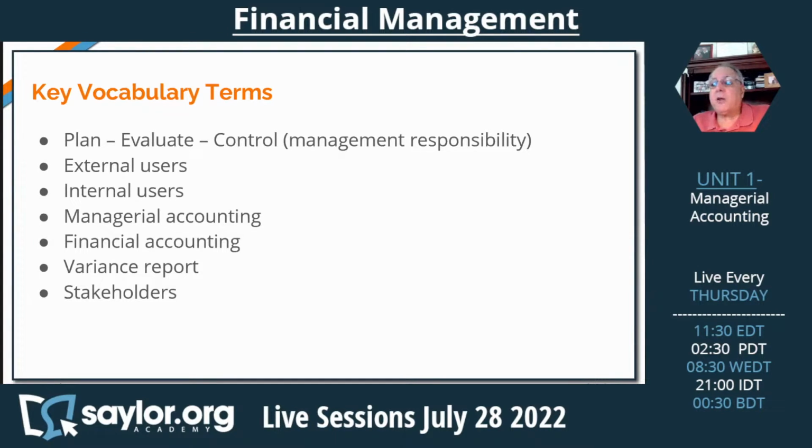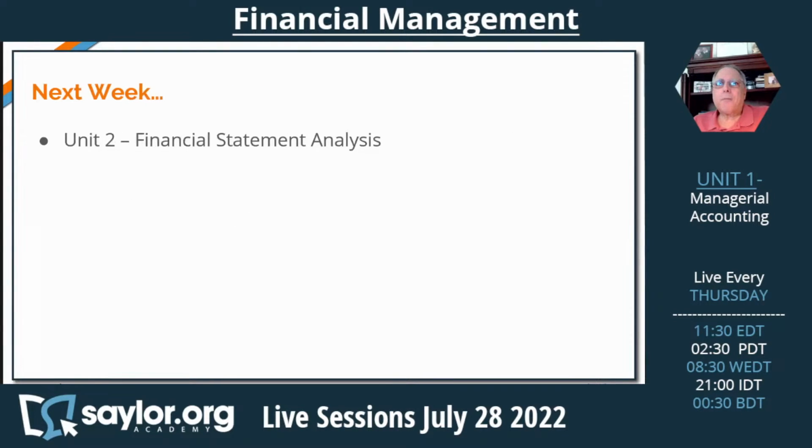Financial accounting, on the other hand, is responsible for the external presentation, the annual financial statements, for the external users. We talked about the variance report, using the financials to actually determine how well we're doing. And we remember that we have an obligation, a fiduciary responsibility to stakeholders to make decisions that are in the best interest of those who own or have invested in the firm.